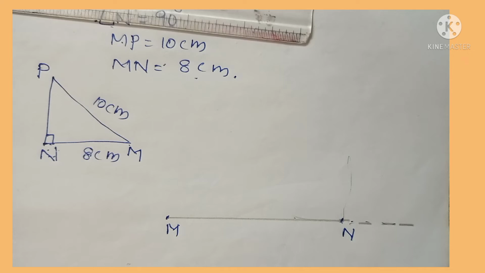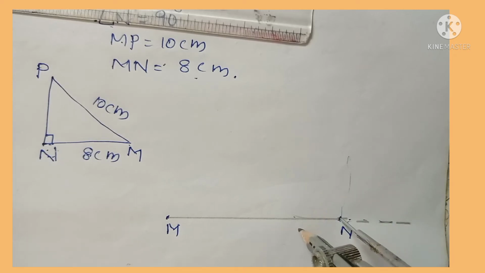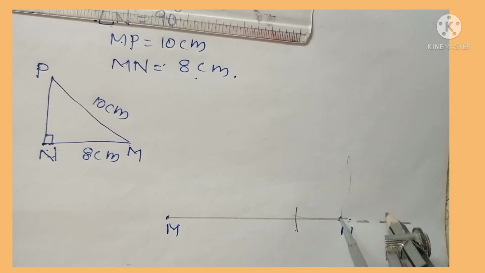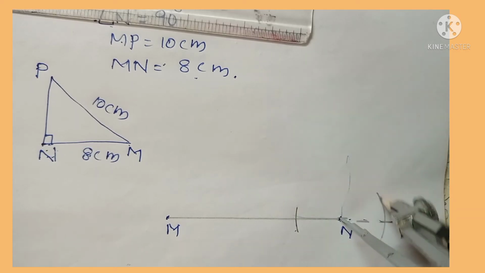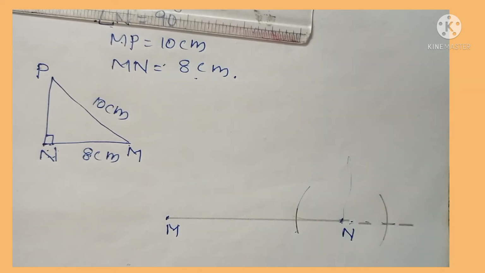That means one of the perpendicular sides of triangle MNP. So for that I want to draw an arc from the point N. Since we want to draw arcs on both sides, I extend the line MN and draw an arc on both sides of the point N. Then this arc touches two points.